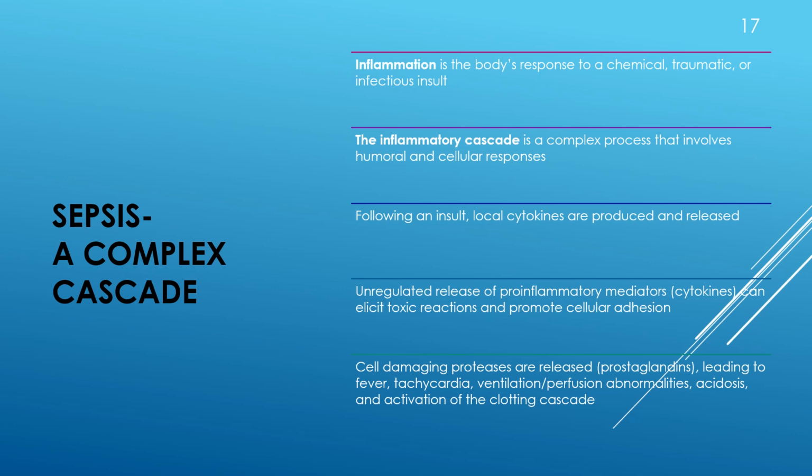Cell damage proteases, which are enzymes that degrade proteins, occur in excessive amounts, and this causes fever, tachycardia, ventilation perfusion abnormalities, acidosis, and clotting cascades. So it's really complex what goes on, and it's very serious, and the treatment options for these patients are kind of limited, but we're going to talk a little bit more about that on the next slide.